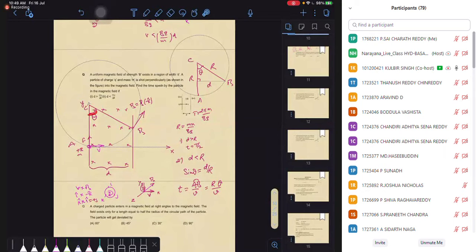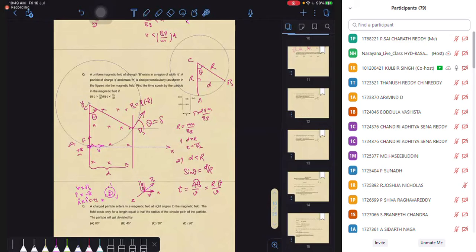The angle at the center is the same angle it comes out, so this angle is also theta. Deviation angle is nothing but theta. You are going along the x direction, but now you come out at angle theta. My original direction and new direction, that angle is also called the deviation angle.